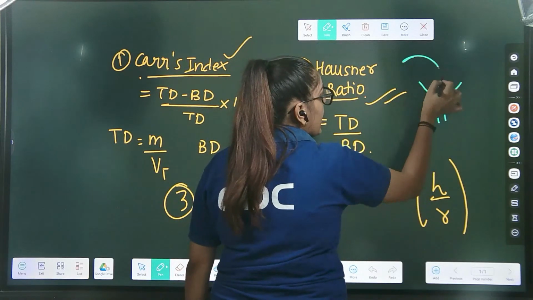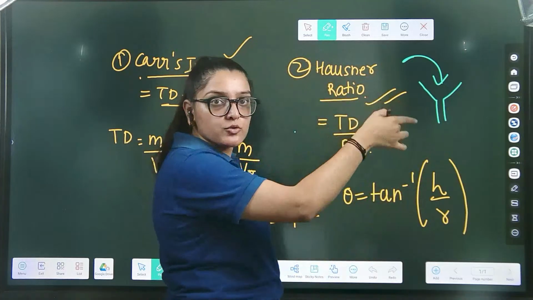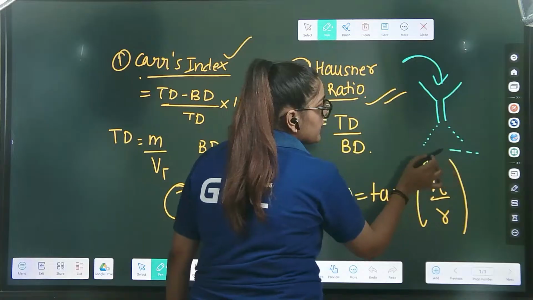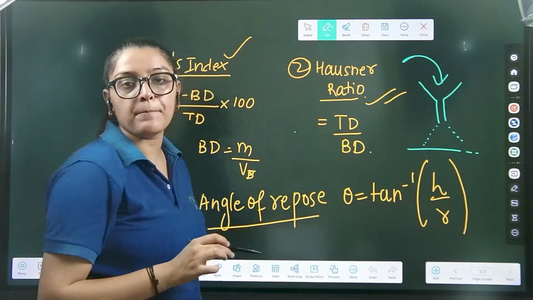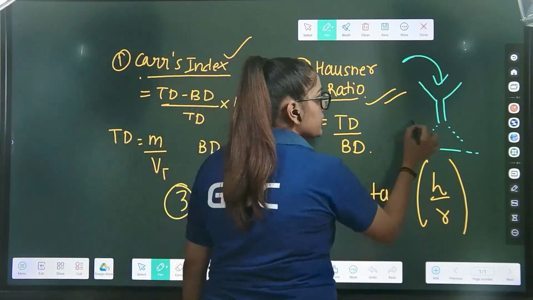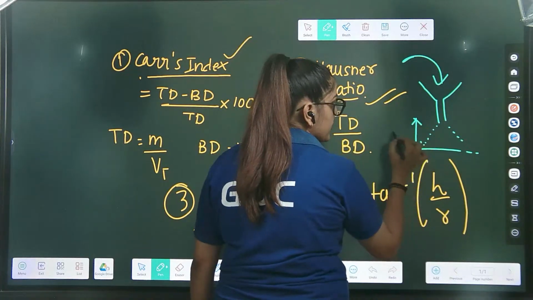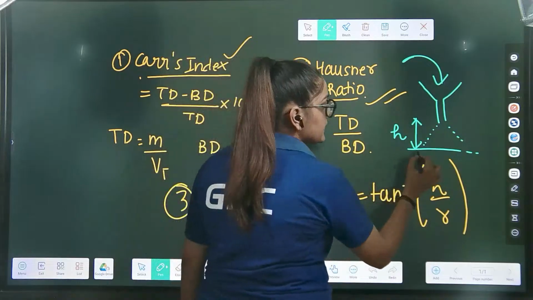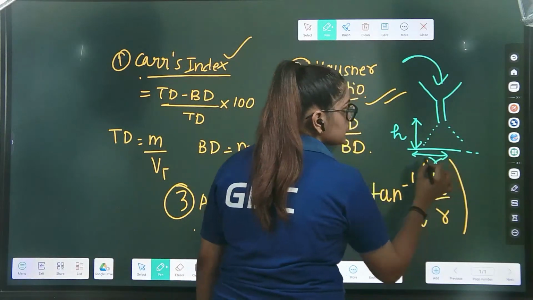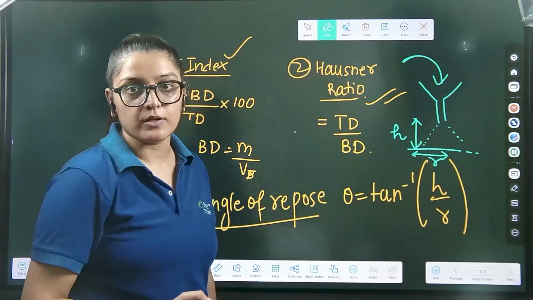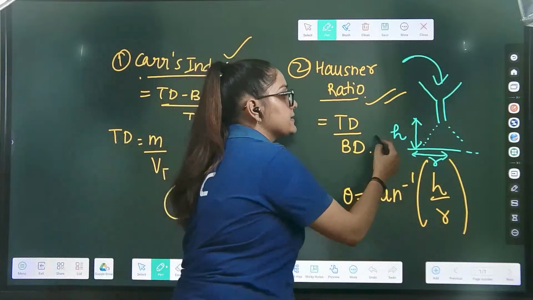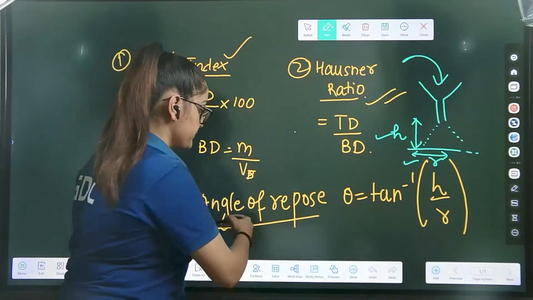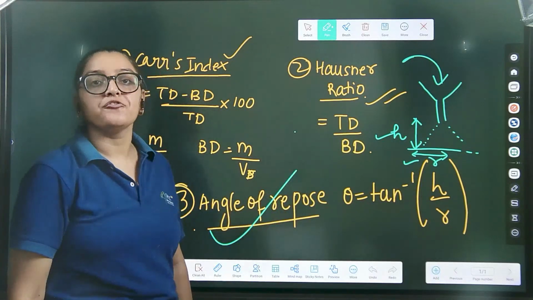You add the powder into the funnel and it will form a heap below. Using your scale, you can measure the height of the heap and the radius of the heap of the powder. Once you have this height and radius, you put them into this equation and you get the angle of repose.